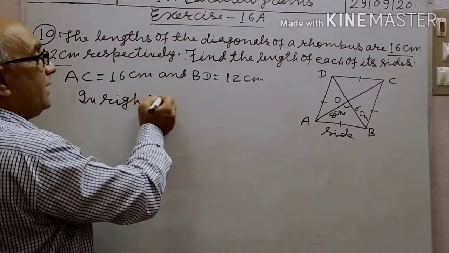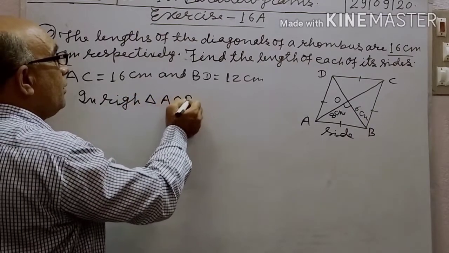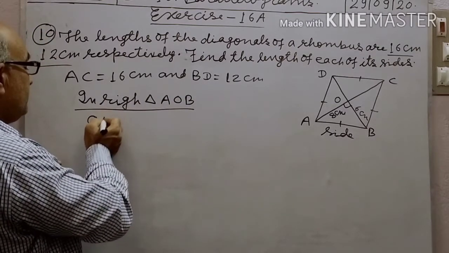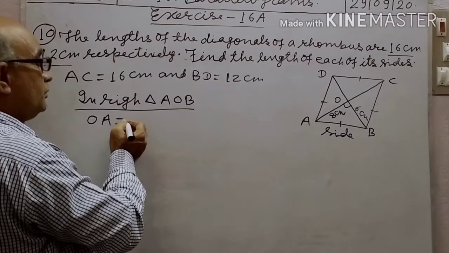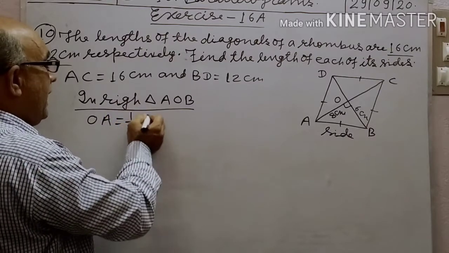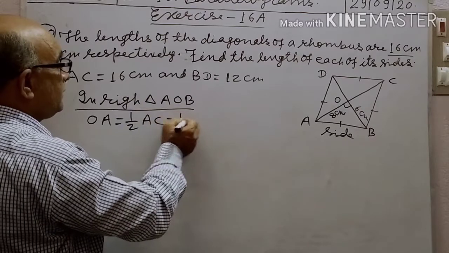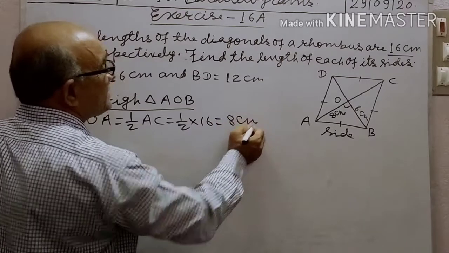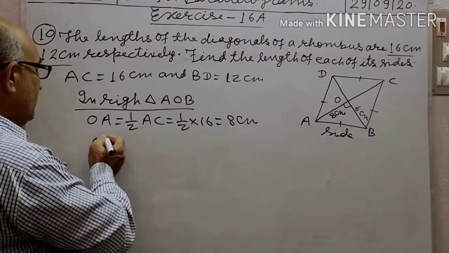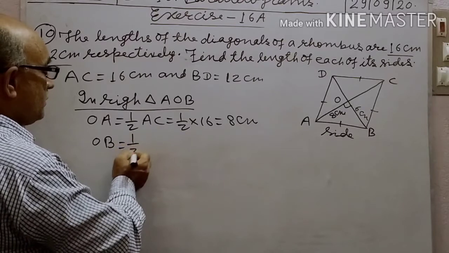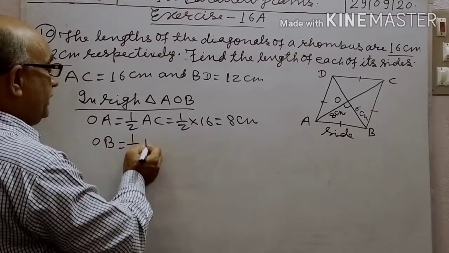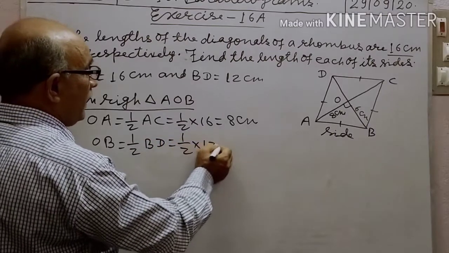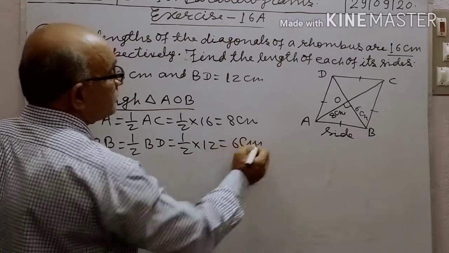In right triangle AOB, OA equals half AC equals 1 by 2 into 16 equals 8 cm, and OB equals half BD equals 1 by 2 into 12 equals 6 cm.